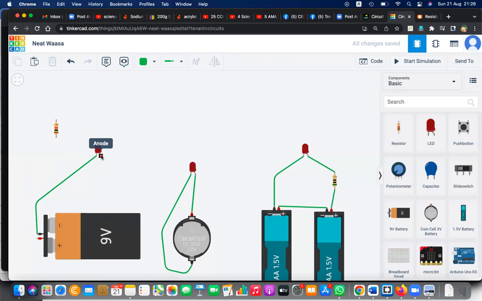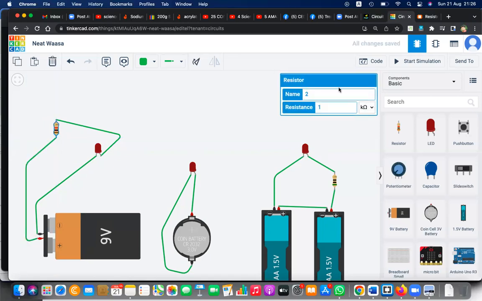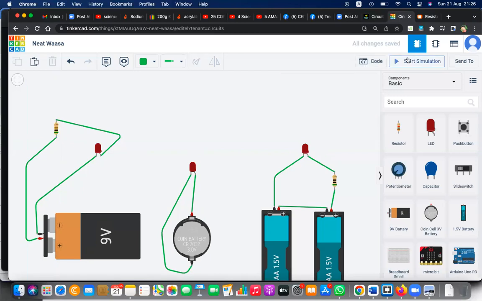Let's put 50 and 1500? 1500? 500, sir. 500 ohms. I think 500 ohms is also not enough, so it can be controlled.